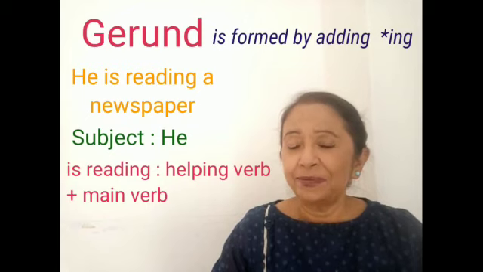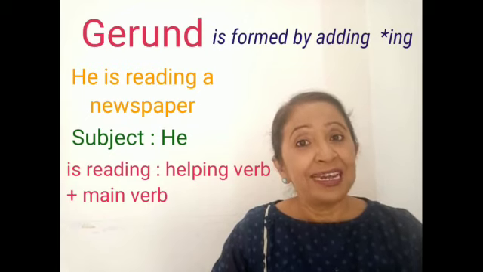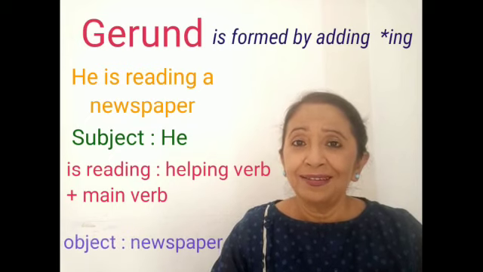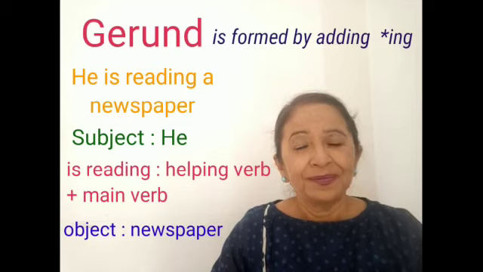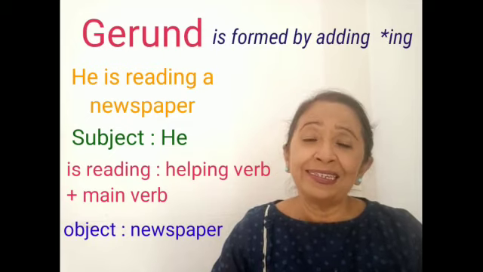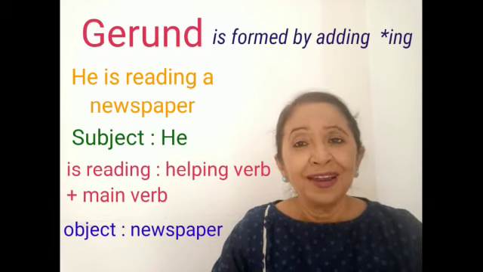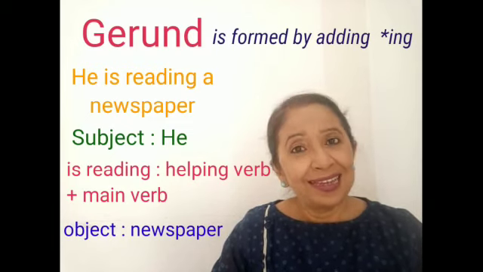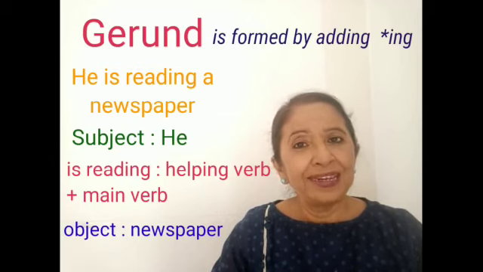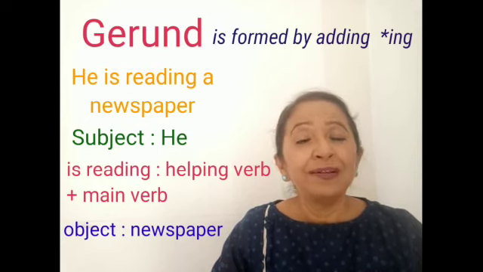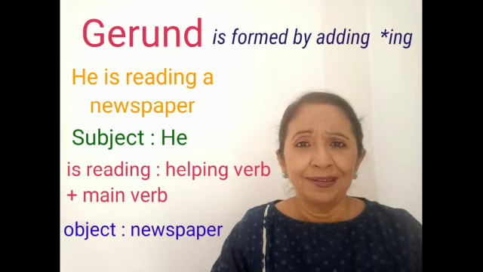Some action is taking place. Then, what is the object? Newspaper. The object of a sentence is also either a noun or a pronoun. So in this case, it's a noun. He, subject, is reading, continuous form of the verb, and newspaper is the object. Very clear? We all know that.